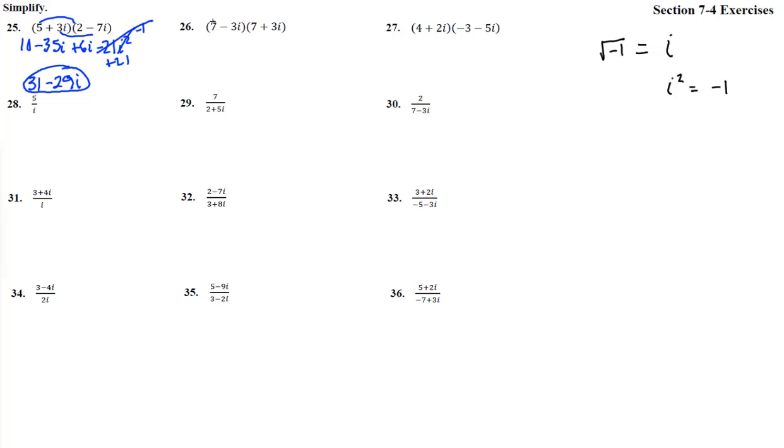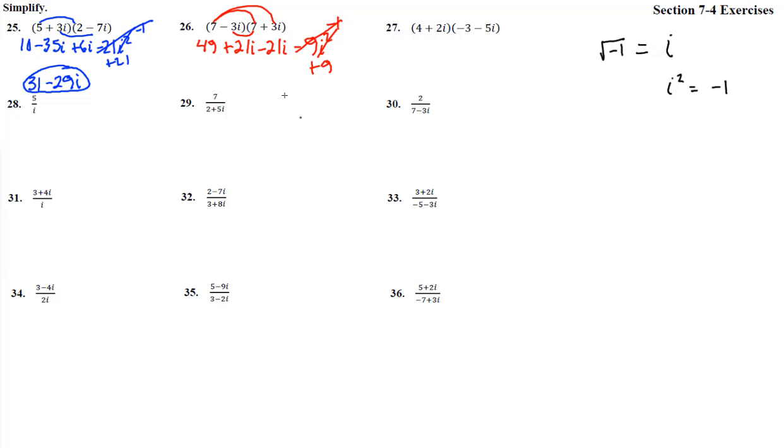Number 26. Here we have 7 times 7 is 49. 7 times a positive 3i is plus 21i. Negative 3i times 7 is a minus 21i. And negative 3i times a positive 3i is a negative 9i squared. And i squared is a -1, which makes that -1 times -9 a plus 9.